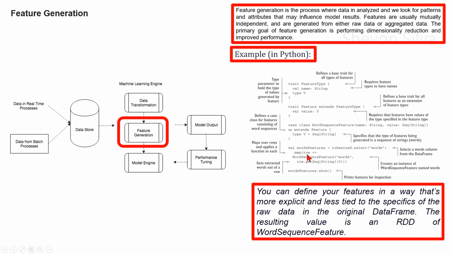And here it creates an instance of a word sequence feature named words. Here it gets extracted words out of a row. And here it prints features for inspection.